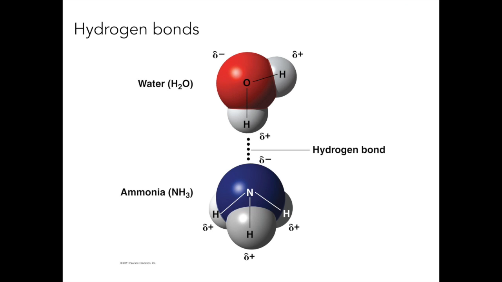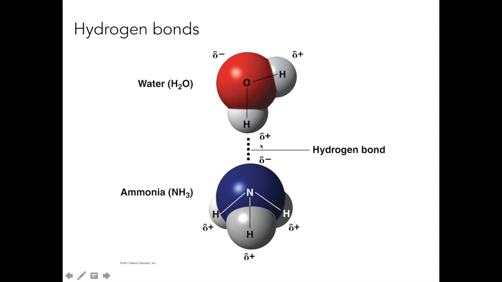Okay, so hydrogen bonding is an artifact of polar covalent bonds. Another way of saying that is that hydrogen bonds happen between different molecules because we have polar covalent bonding. So remember, oxygen is greedy for electrons. It sucks the electrons towards that atom, away from the hydrogen atoms.